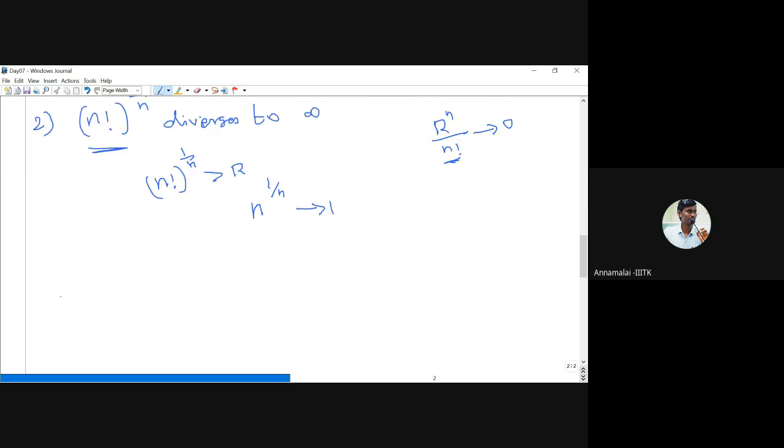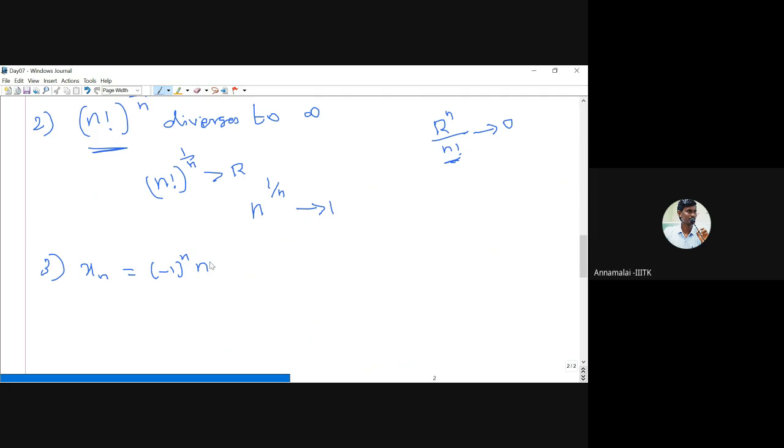Now, the third example: if you take xn is minus 1 power n into n, that is x1 is minus 1, x2 is 2, x3 is minus 2, then minus 3, minus 4, plus 5, and so on. So this neither diverges to plus infinity nor diverges to minus infinity. But this sequence is a divergent sequence, because it is not convergent.